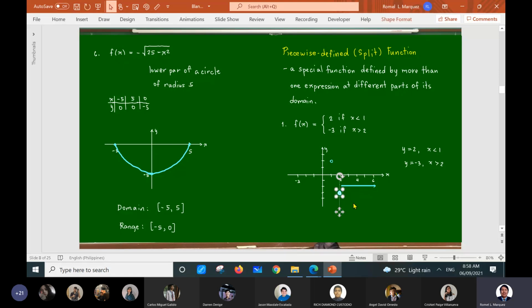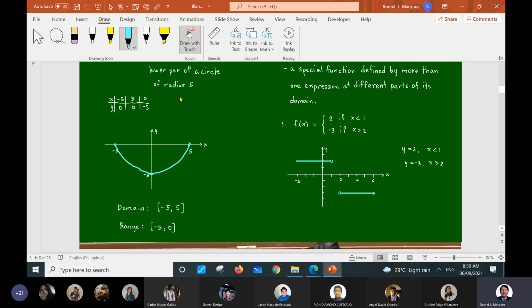Am I now right, guys? Yes po, sir. And this one is supposed to be going to the left. Okay? Less than 1, greater than 2. Got it, guys?